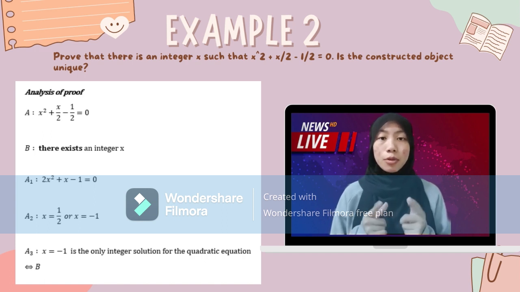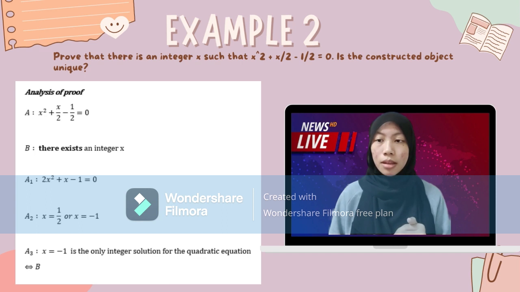We look at the hypothesis first. We have to multiply the equation by 2. So A1 will be 2x squared plus x minus 1 equals 0. And then we factorize the equation. So A2, x equals 1 over 2 or x equals negative 1. And then we look at the conclusion before.